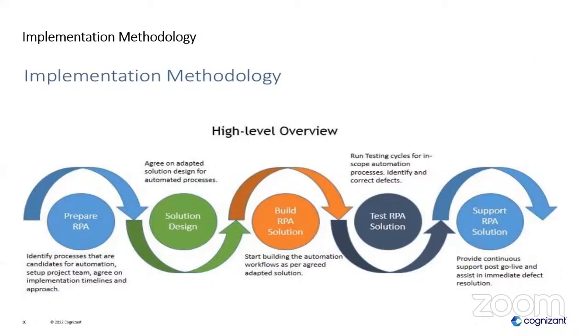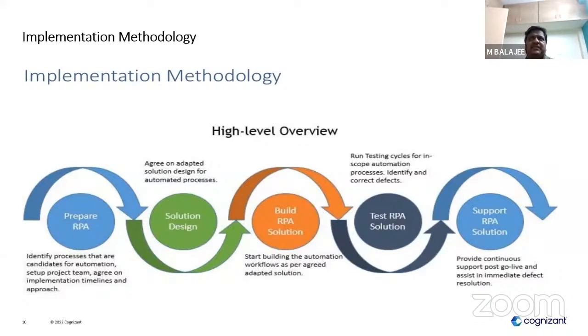The statement of work is an agreement between the vendor and the customer. The customer will choose a vendor and say, for the next 6 months, you will be automating this many processes and hand them over to us at the end of 6 months.